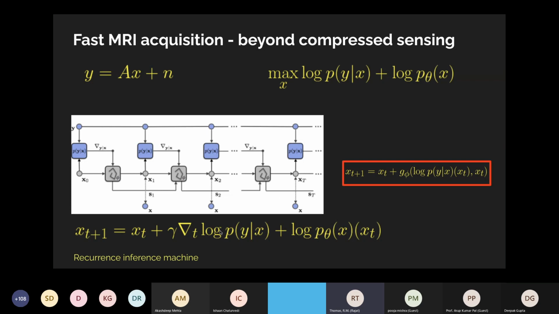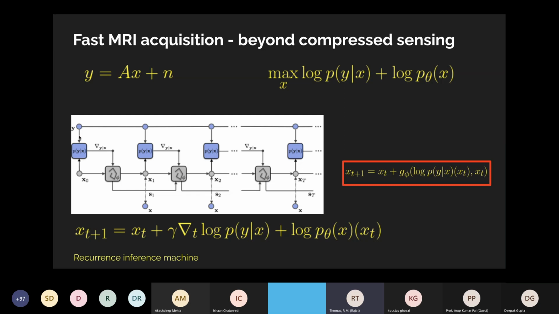Now, this is the explicit formula. If you make a change, thinking that x_{t+1} is your old x_t plus some function that depends on your log likelihood, then this function can be parameterized as a neural network. So what you see is an unrolling of this particular statement, where you start with some x0, and then you have the gradient of these probabilities flowing, because given this, you can calculate the forward model that I said.